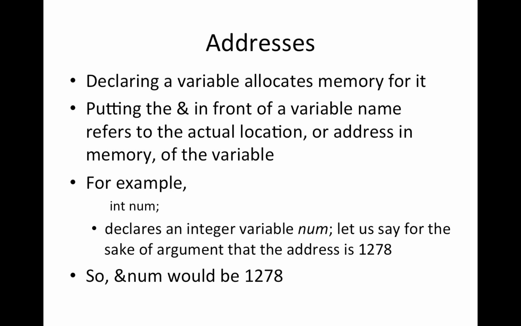Assume that all of the locations in memory are numbered. Say, for the sake of argument, that the address of this particular variable is 1278. So if we refer to ampersand num, that would be the actual address or location of the variable, which would be 1278.